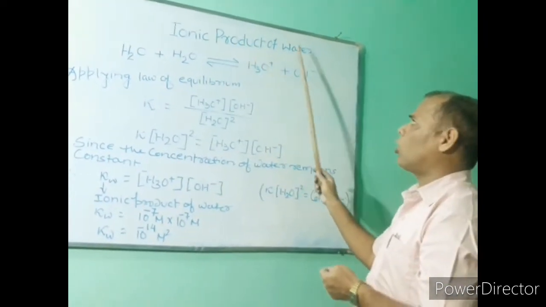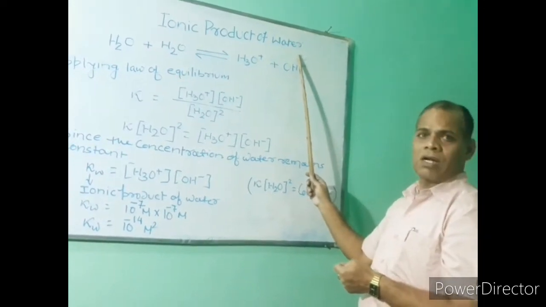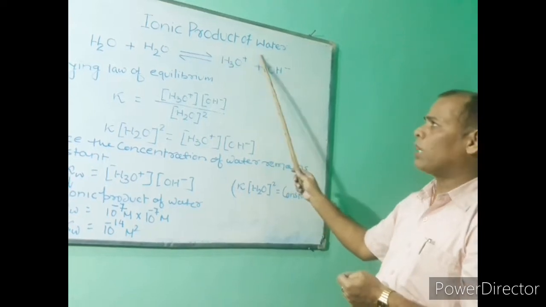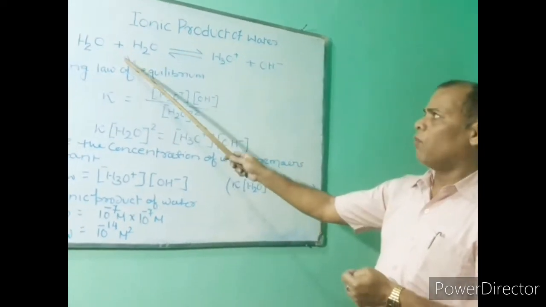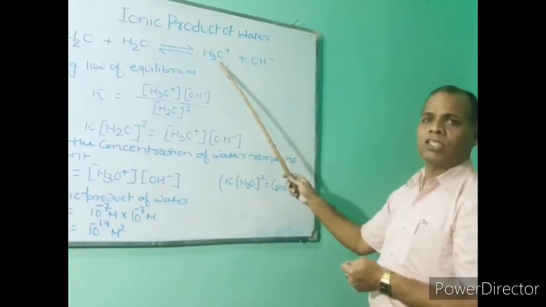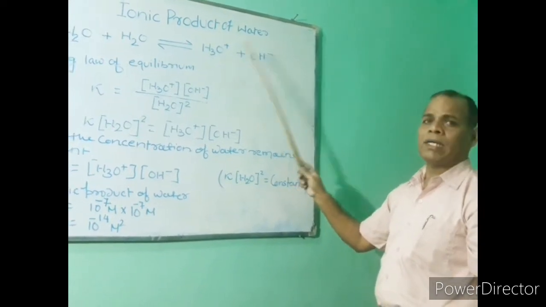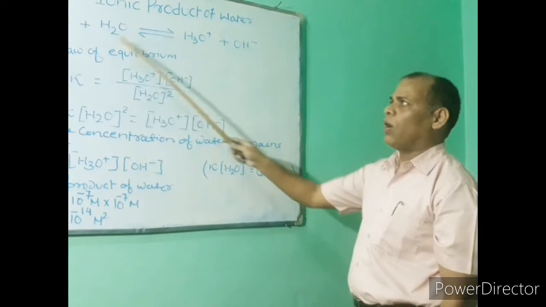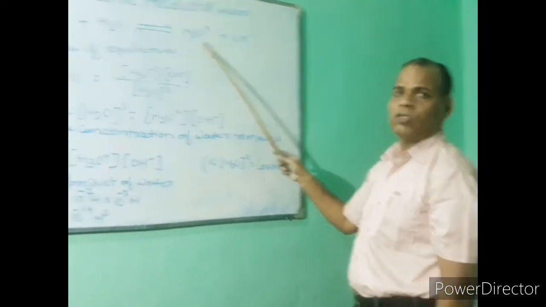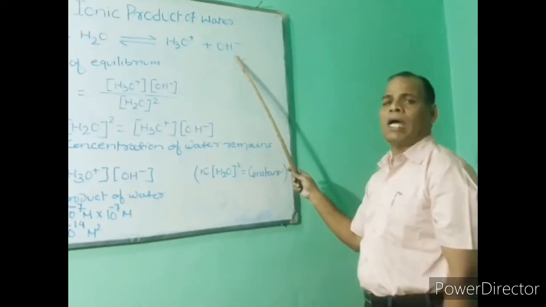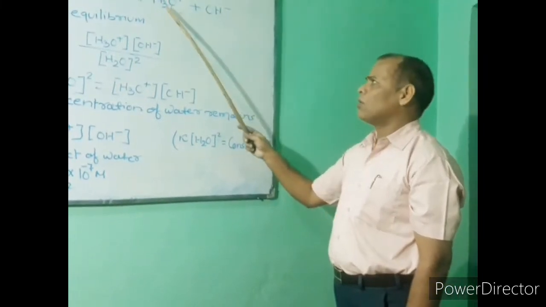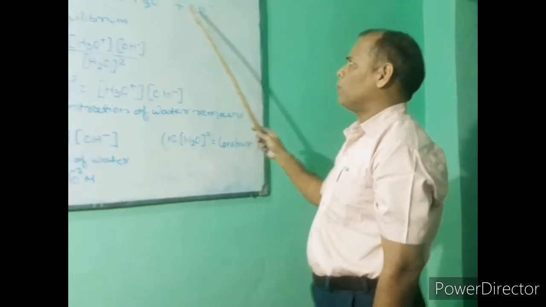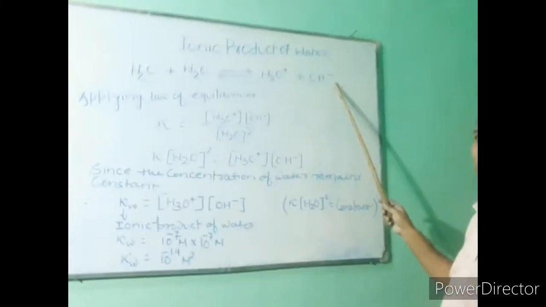In the ionic product of water, water dissociates into hydronium ion and hydroxyl ion. You can also use hydrogen ion and hydroxyl ion.